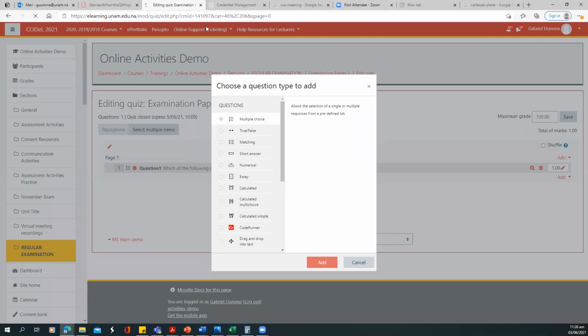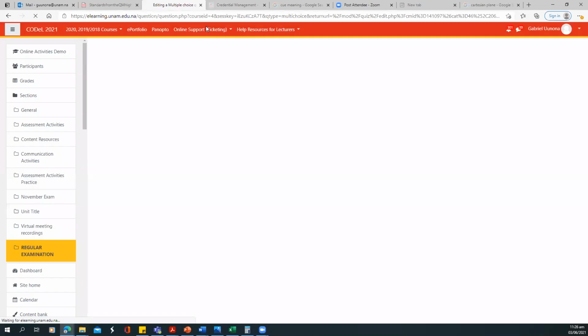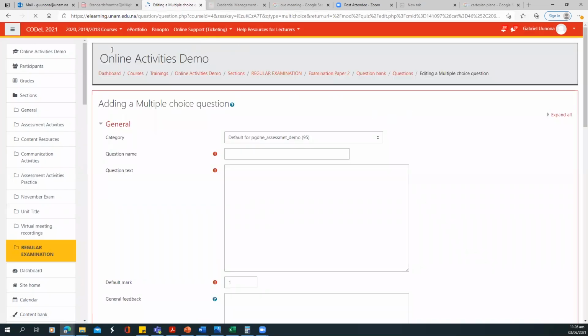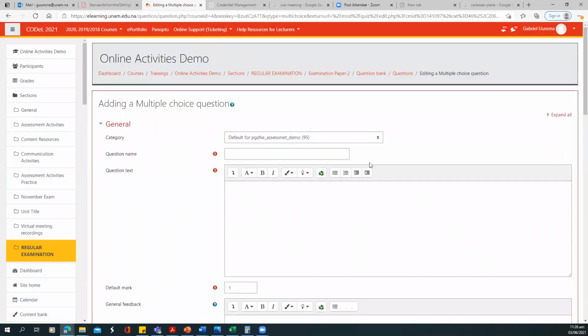Mr. Onona, while we are waiting for the settings to come, under category, so we don't do anything at category. Did I miss that? Did you say something about that? Category, where? You know where you are adding the multiple questions? Oh, here. Okay, this category has to do with question bank.